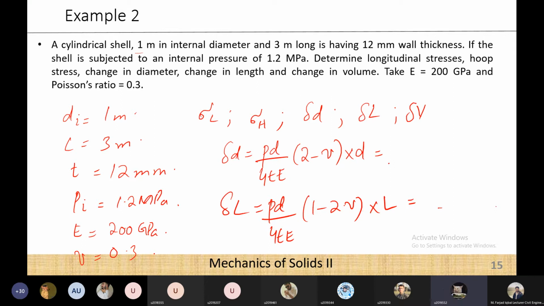1.25 into 10 raised to the power minus 4 is coming for change in diameter. No sir, sorry, one minute, I am calculating. I am getting 2.12 into 10 power minus 4. Recheck. If there is this much change, I don't think so. So 2.12 into 10 power minus 4 is coming. Just be careful about the units.